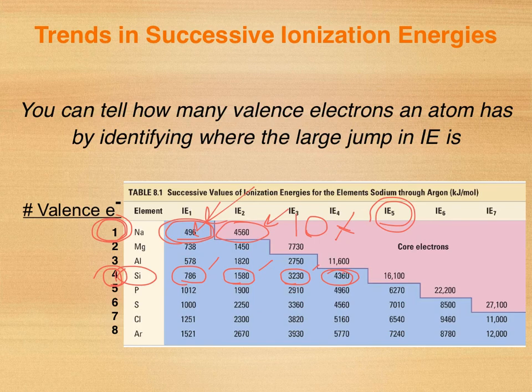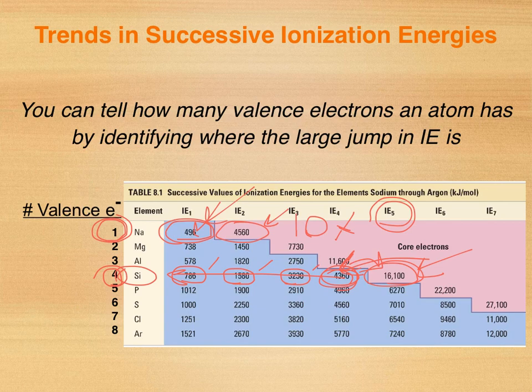So once you've removed these first 4, you're left with a core electron. Look what happens to that. The energy required to remove that first core electron is 4 times higher than the energy required to remove the 4th electron, which was still valence. So wherever you see that big jump tells you how many valence electrons an element has.